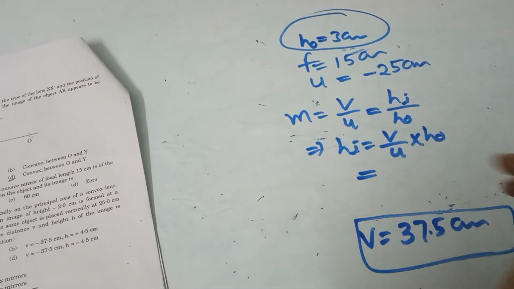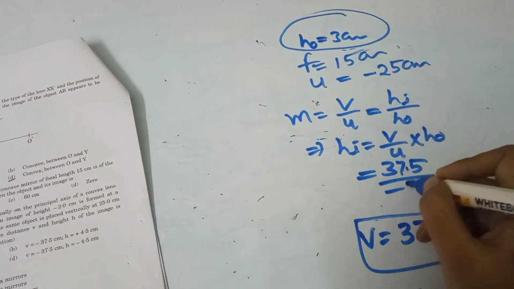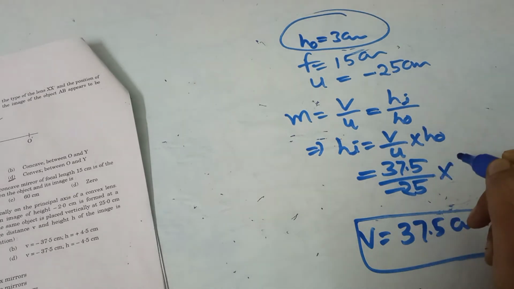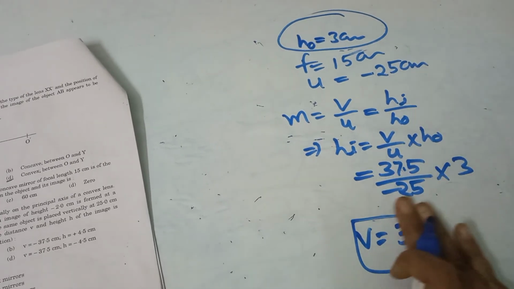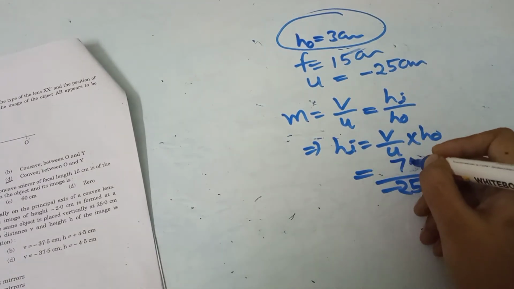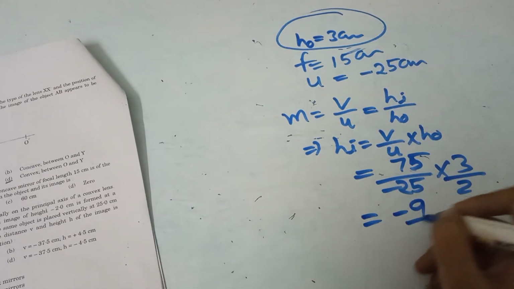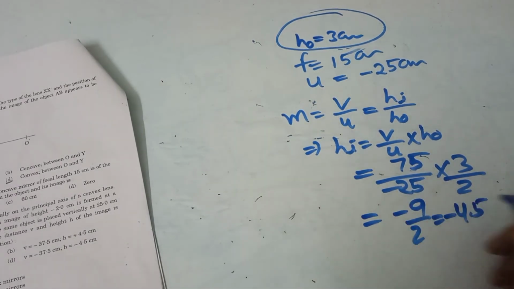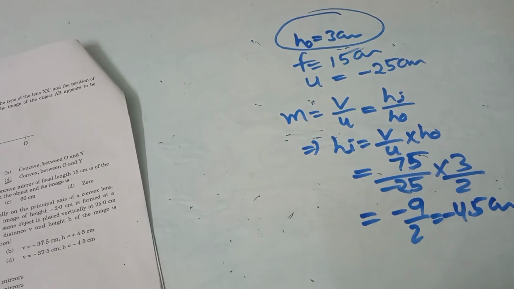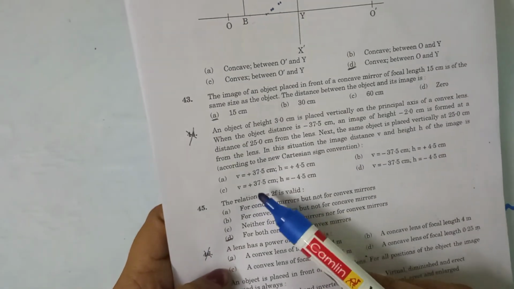V is 37.5, U is minus 25, HO is 3 centimeter. So better to write again 75 by 2 times minus 3 by 25, which is minus 9 by 2, equal to minus 4.5 centimeter. So minus 4.5 centimeter and plus 37.5 centimeter. So C is the right answer.